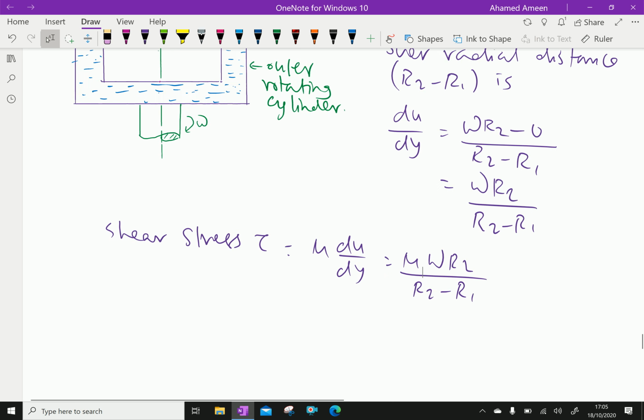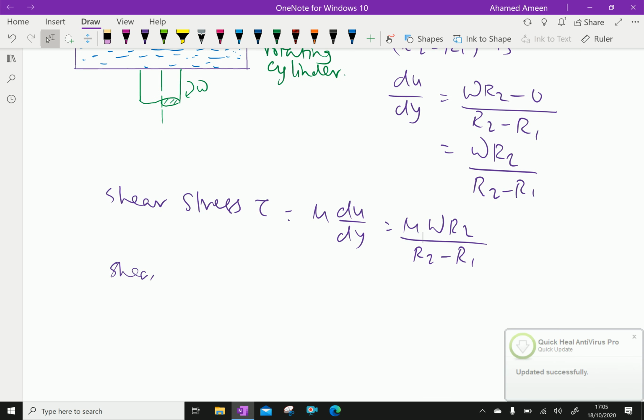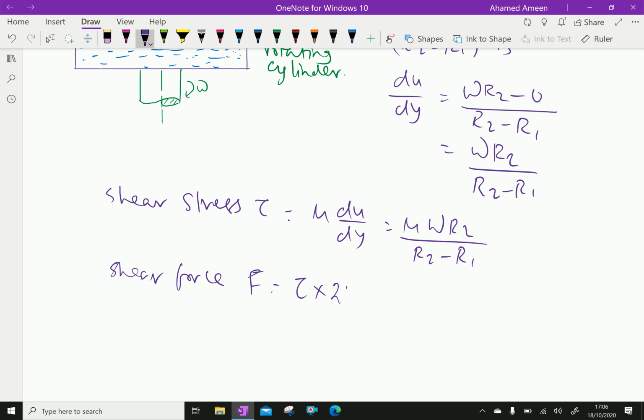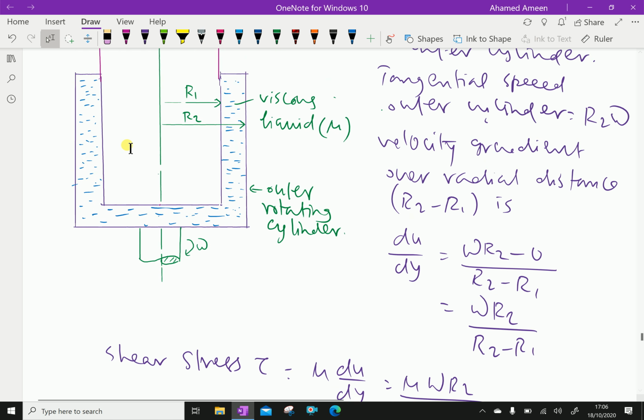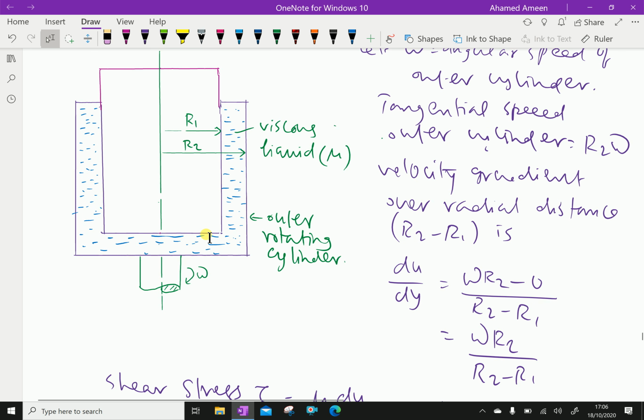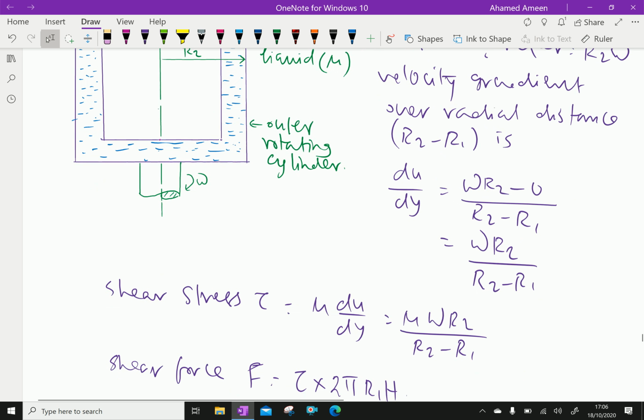Shear force F equals shear stress into the annular area, 2 pi R1 H. That is this area, 2 pi R1 H.